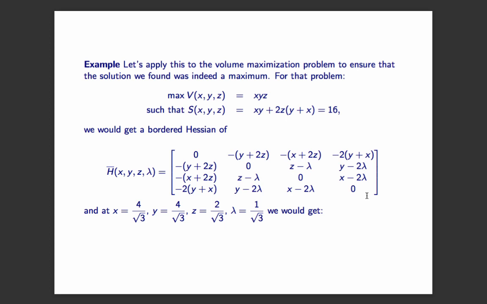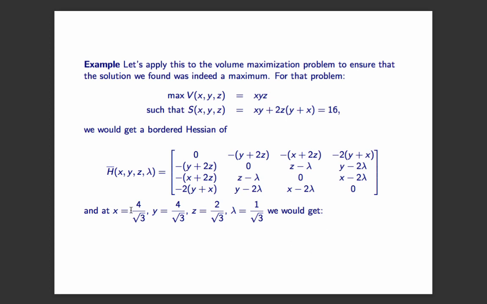But now we're going to use the bordered Hessian to confirm that what we found really was a maximum, not some local minimum or some saddle point, but actually a maximum representing the max possible volume subject to this constraint.